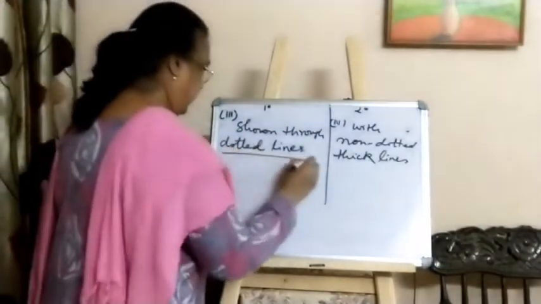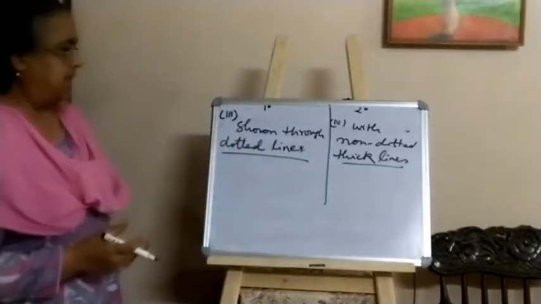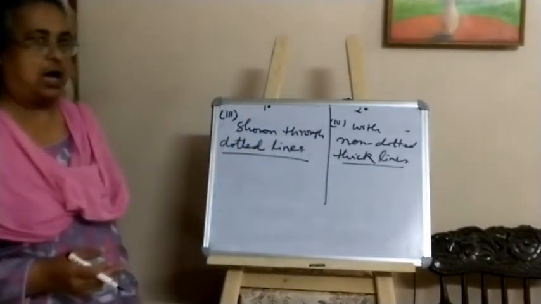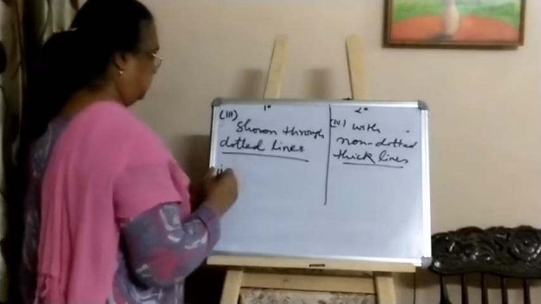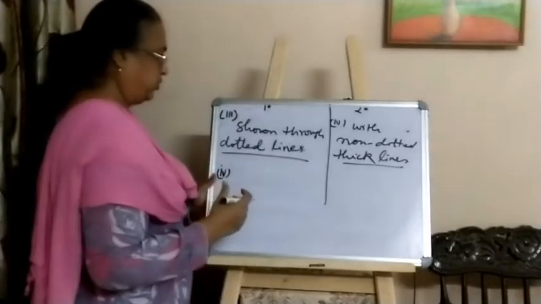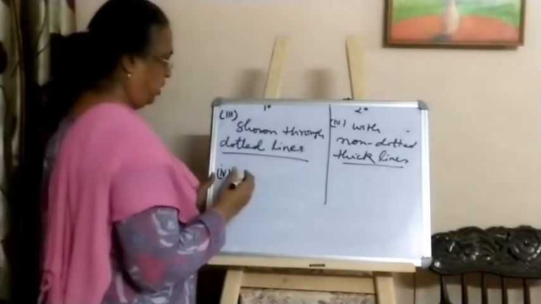Now, why dotted line and why thick line? Dotted line indicates that the anions which are attached to it are not permanently attached when the complex salt is dissolved in water.